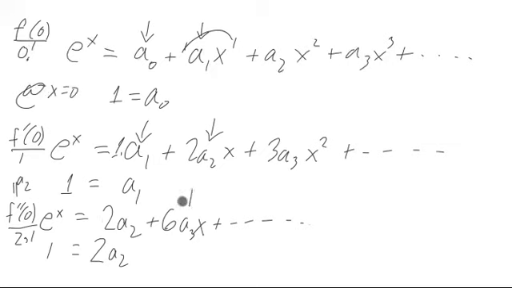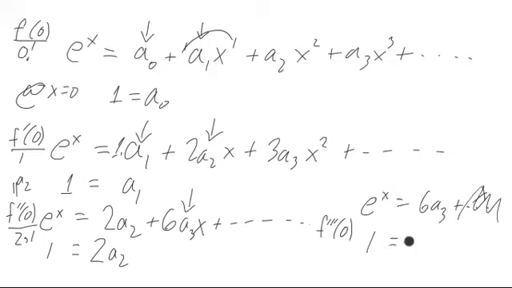Now, how do we find a3? We take a derivative of this equation. We have e to the x is equal to 6a3 plus a lot of things with x's in them. When we plug in 0 into this, all this will go away, and we'll be left with 6a3 is equal to 1. This is the third derivative with 0 plugged in, yielding 1 is equal to 6a3.